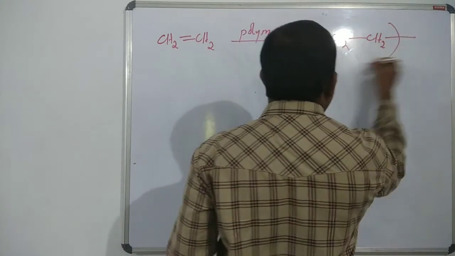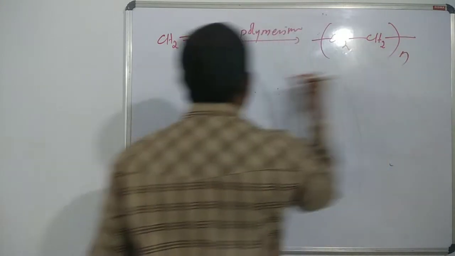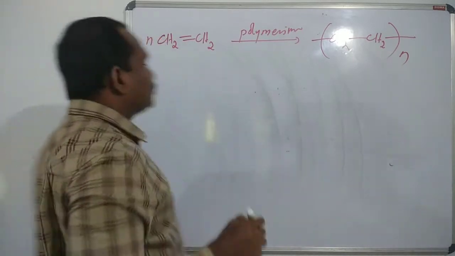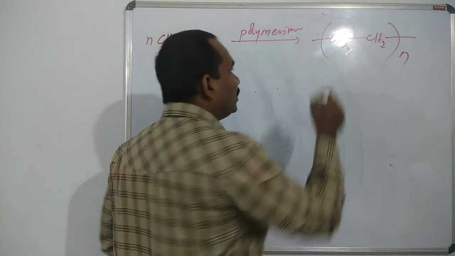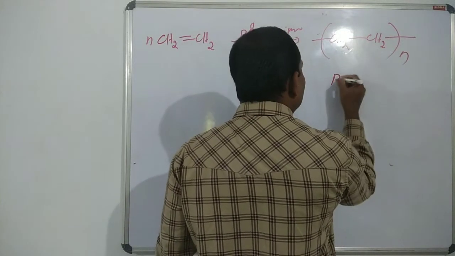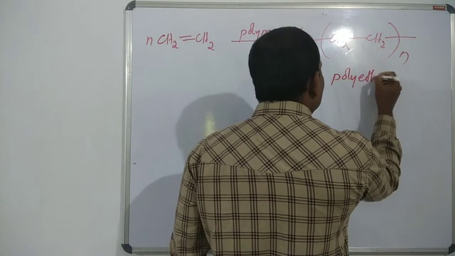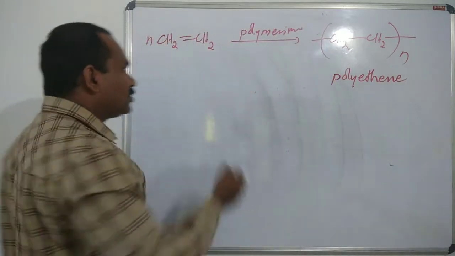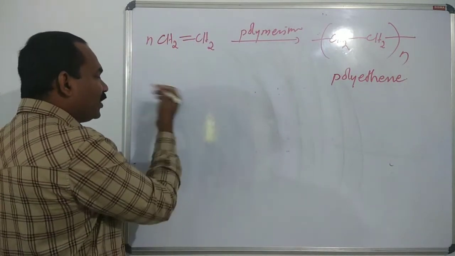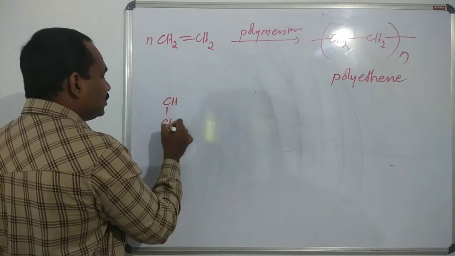When we take n molecules of CH2 double bond CH2, we get CH2 n times. It is polyethylene.